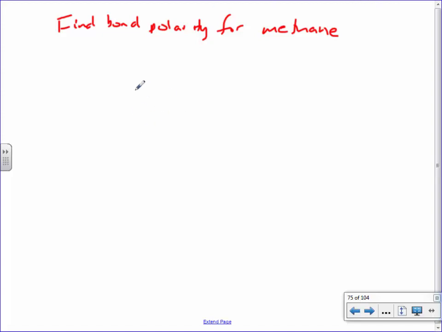First, I got to draw methane. Methane is CH4. By the way, this example is the perfect example of what I would try to show you every day of the week. The first day, I wanted to show you how to do a dot diagram. If you can do the dot diagram for this, that was supposed to be the first day. The second day, I showed you how to upgrade a dot diagram to a Lewis diagram.